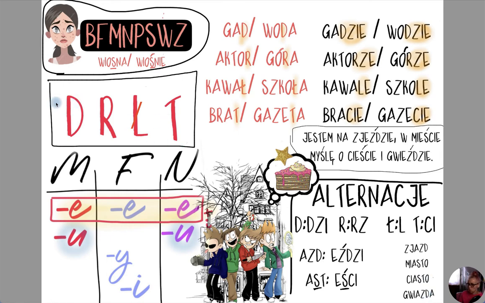So you would think, okay, I've got zjazd, you would figure it out. Miasto would become miascie. Ciasto would become ciascie, and gwiazda would probably become gwiazdzie. But it's even more complicated when it comes to those four words.